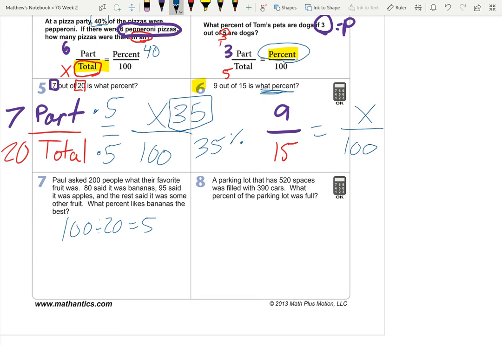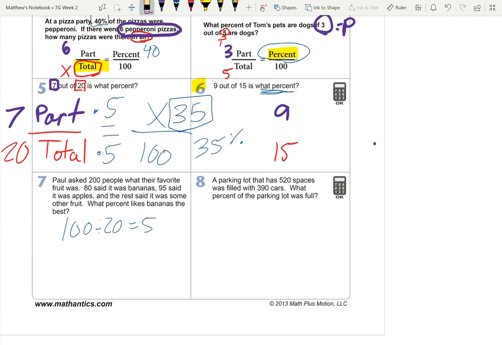Since it's 9 over 15 and I can't multiply 15 by a number to get to 100, I am going to do a different method here, where I am simply going to do 9 divided by 15, because that's what the fraction sign means here, right? We're starting with 9, and then we divide by 15, 9 over 15.